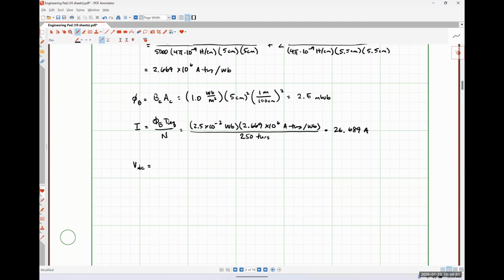literally just going to be using electrical Ohm's law. We have current, we have resistance. We are going to treat our coil essentially as if it were a short circuit, because an inductance in a DC circuit looks like a short. So our voltage is just going to be I times R. So that is 26.689 amps times, I believe it was 5 ohms here.